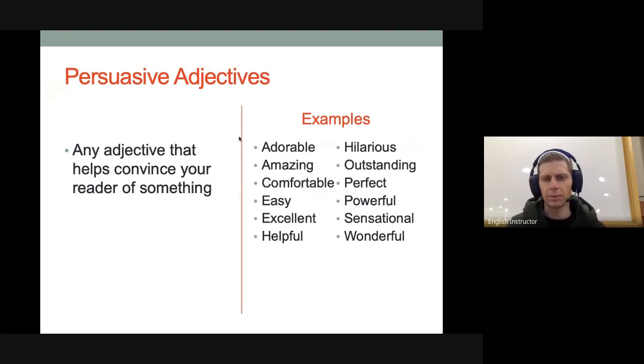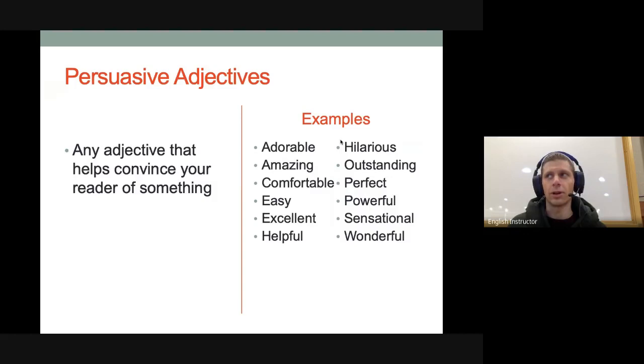But if we want to say something is cute, cute's okay, but adorable, okay, adorable is much more persuasive. It has a lot more. It's like, wow, that's cute times 1,000, right? So something's not good. It's amazing. Okay. And so words like excellent, amazing, outstanding are much better than just good.